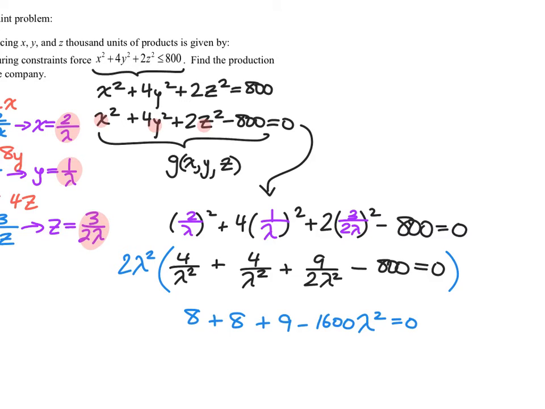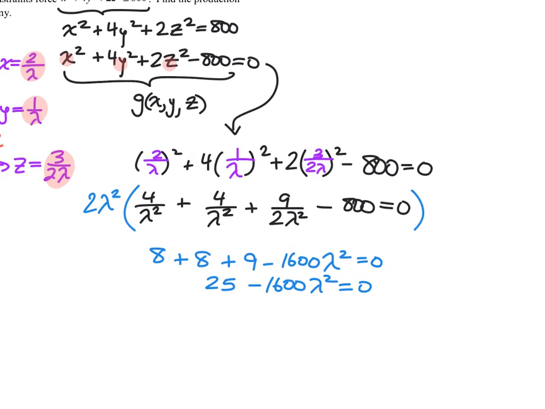So we got 25 here, minus 1600 lambda squared is equal to 0. Perfect square values, that's nice. I'll take that. Subtract the 25, divide by 1600, you're going to get 25 over 1600.